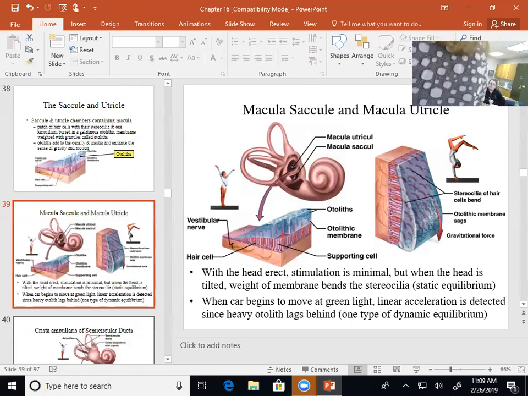What is happening is that these little otoliths are getting stuck. So even though the person is sitting upright and still, do they feel like they're moving? Yeah, so their brain is registering movement and they're sick. What's been really effective, instead of just drugging them out of their mind so that they're knocked out in bed, is actually repositioning their heads, doing positional therapies.